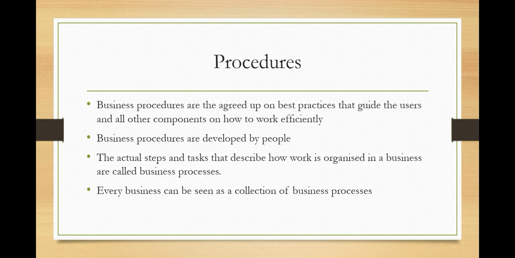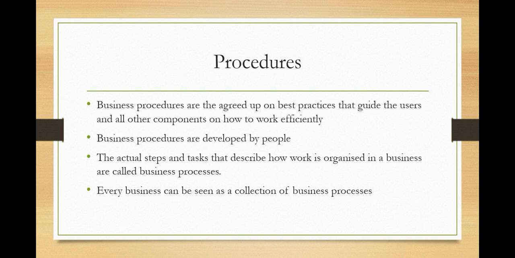We have another component of information system that we call procedures. In fact, business procedures are the agreed upon best practices that guide the users and all other components on how to work efficiently and effectively. Business procedures are developed by people.